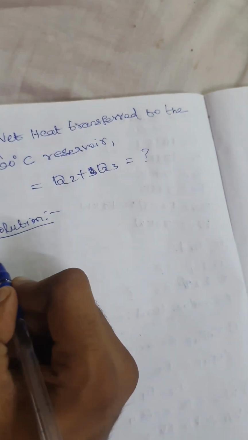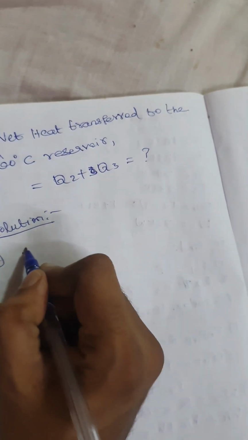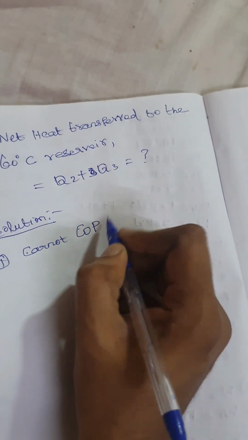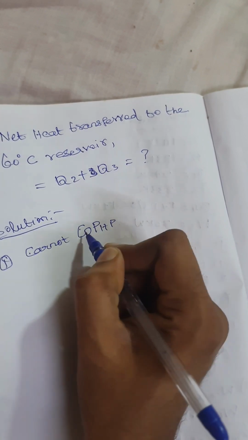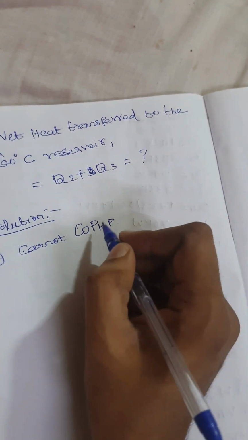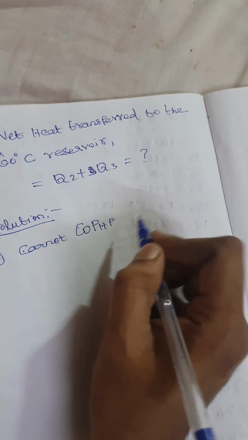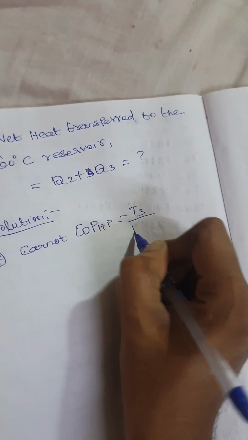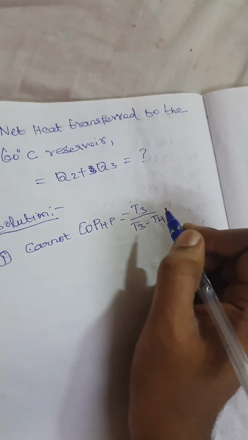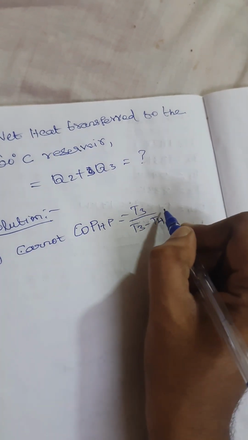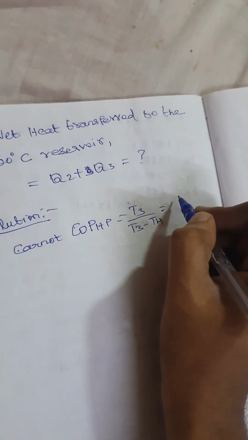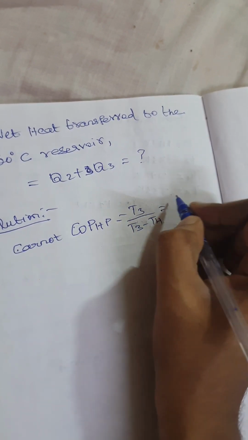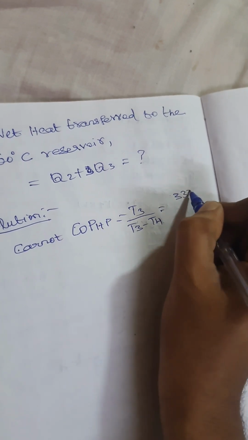First we can use the first formula, the Carnot coefficient of performance of heat pump. COP means coefficient of performance of HP, that means heat pump. Now we can directly write the values from the given data, because the T3 value is given, which is 333.